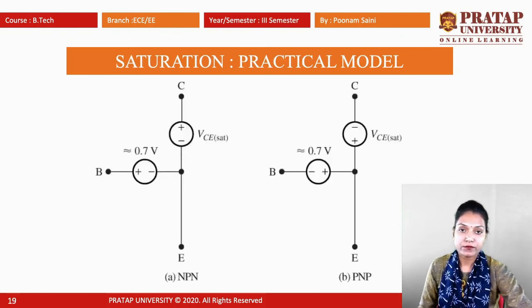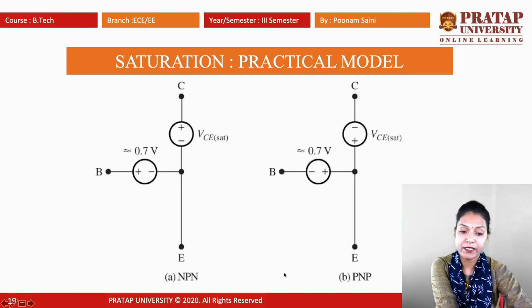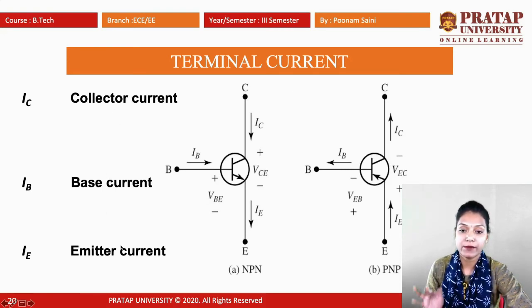Now the active mode, for NPN and PNP. Here is VCE, and these are the base, collector, and emitter. There are three terminal currents: collector current IC, base current IB, and emitter current IE.